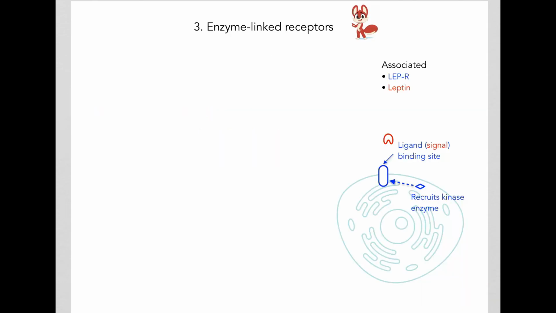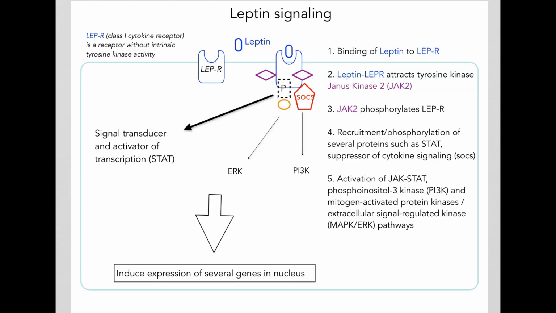Now let's look at the associated type of enzyme-linked receptor, and we'll just look at one example, the leptin receptor that binds the signal leptin. We have talked about leptin signaling in an earlier video, so just a quick recap. Leptin will bind the receptor.